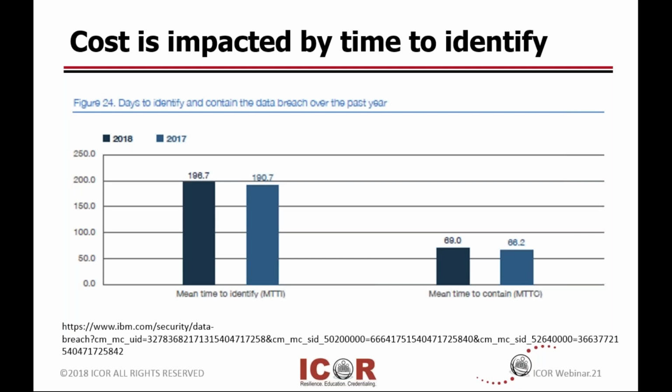The MTTI metric helps organizations to understand the time it takes to detect that an incident has occurred, and the MTTC metric measures the time it takes for a responder to resolve a situation and then ultimately restore the device.